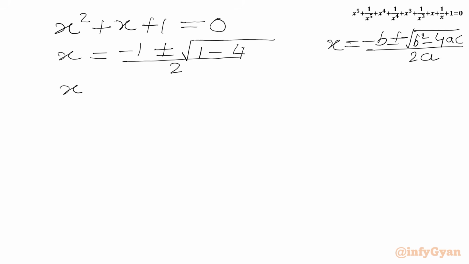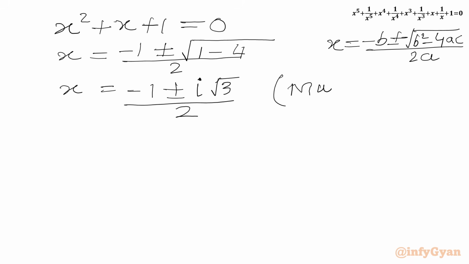So minus 1 plus minus square root of 1 square is 1 minus 4 times 1 times 1, over 2 times 1, 2. So I can write x equal to minus 1 plus minus i times square root 3 over 2. Multiplicity 2. So in total we have 4 solutions, 2 with plus sign, 2 with minus sign. So here I can write 1, 2, 3, 4.